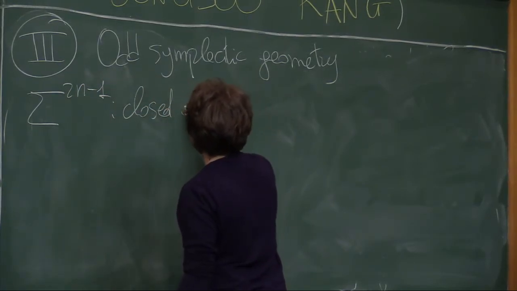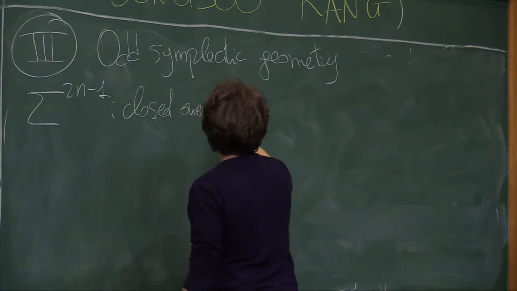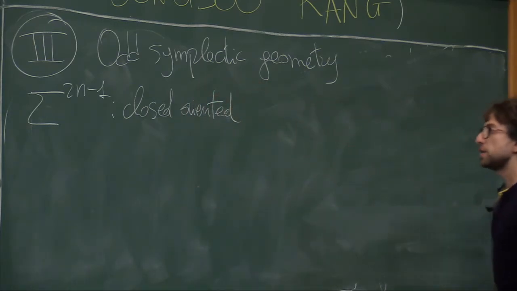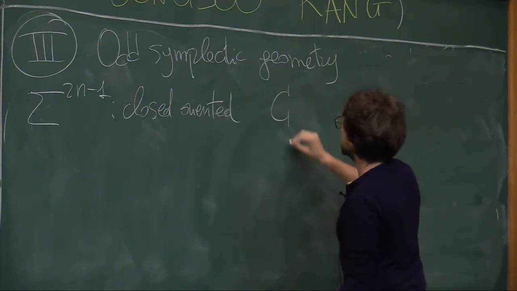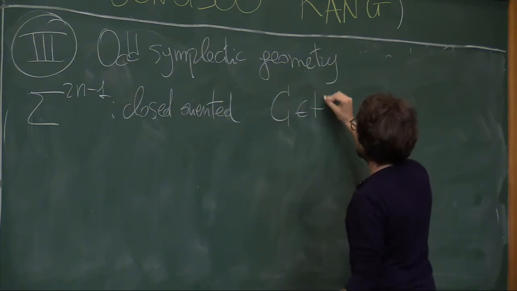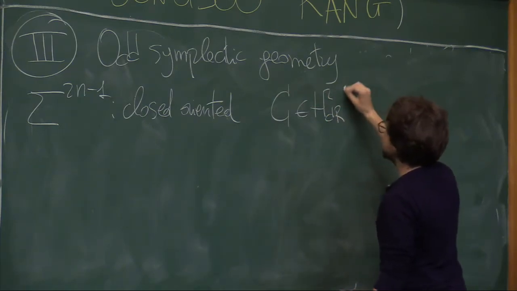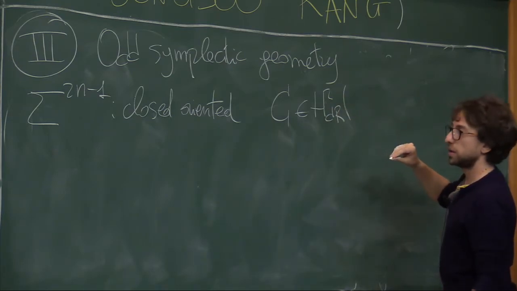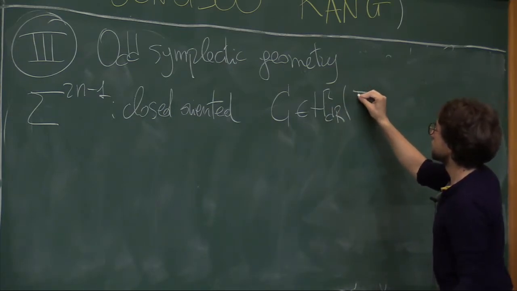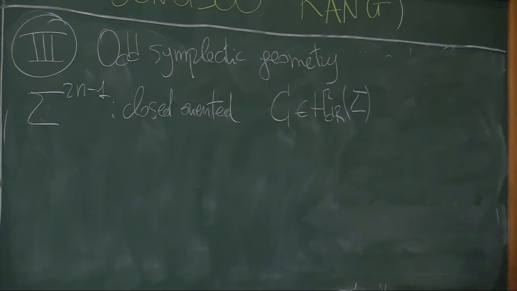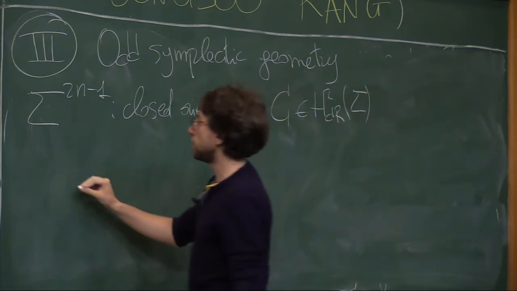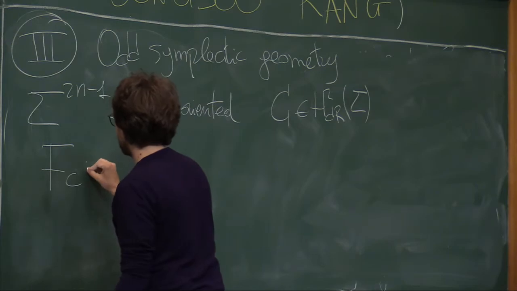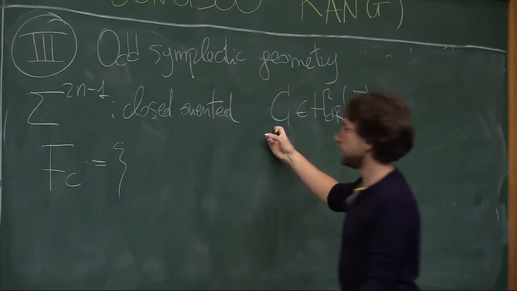This is closed and oriented. And now on this manifold here, I fix capital C. This is a de Rham class in degree 2. Okay, and then given this class, I can consider all the possible forms having this class here.